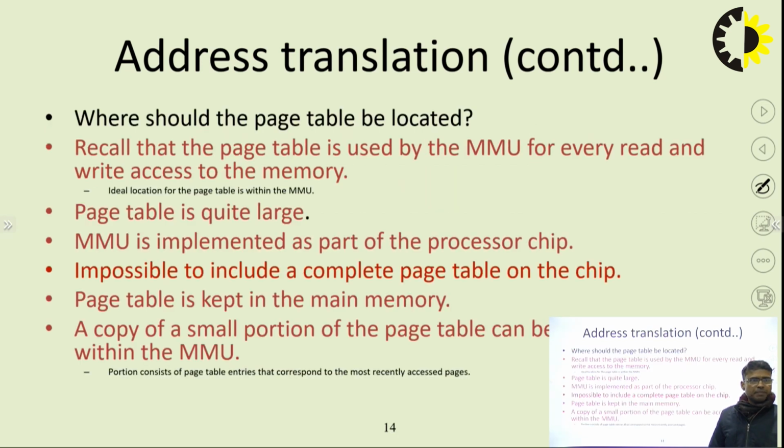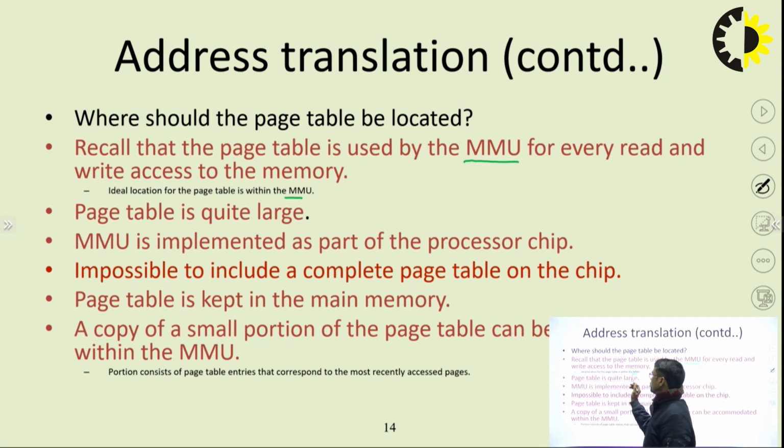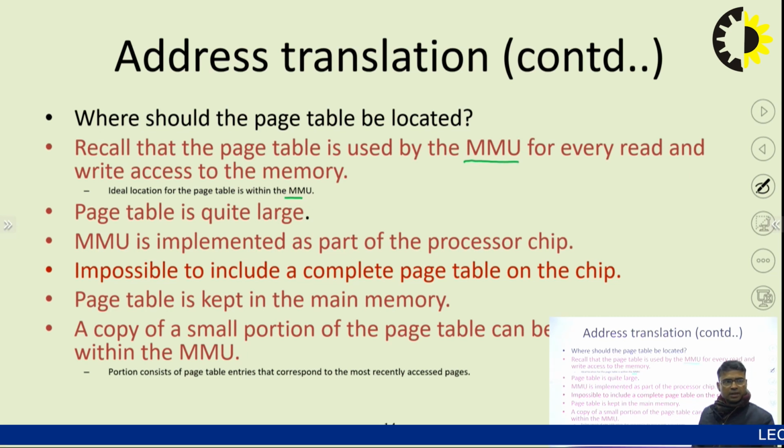So, where should the page table be located? This page table is to be located somewhere on the main memory or on some specialized hardware. The page table is basically a part of the memory management unit, and ideally it is located in the MMU, but the page table is quite large. The number of page frames available in the main memory, that many records are available in the page table.